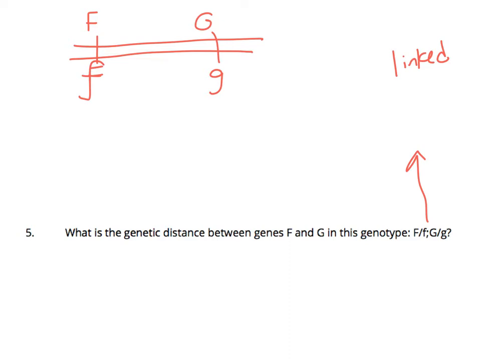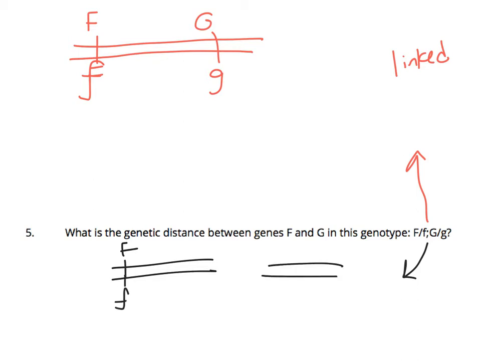Linked alleles. There's no semicolon. If the semicolon means they're on separate chromosomes, so that would be like that and like this. A big G and a little g on one pair of chromosomes, a big F, little f on another. That's when you use the semicolon.